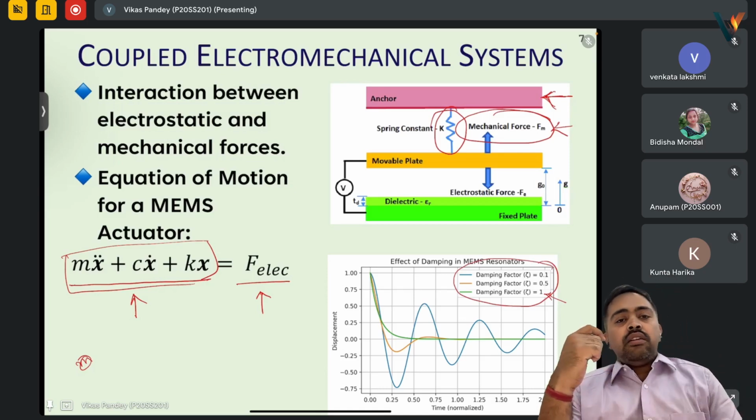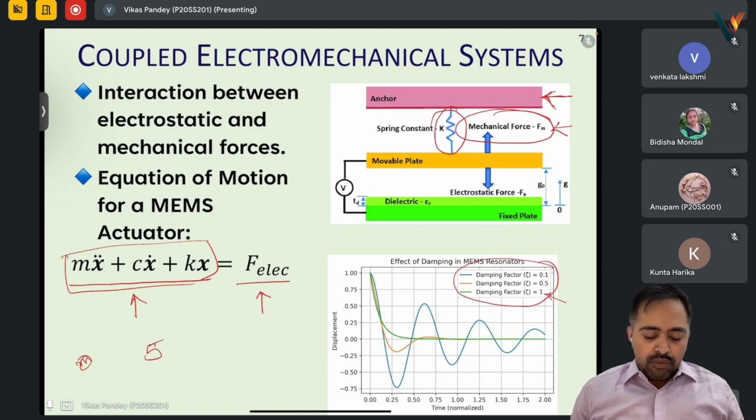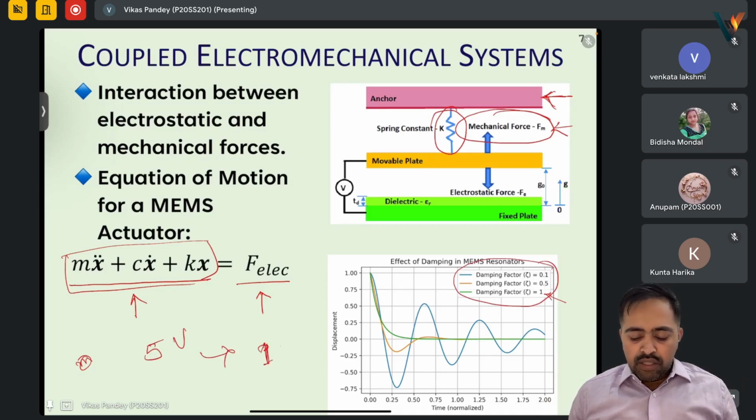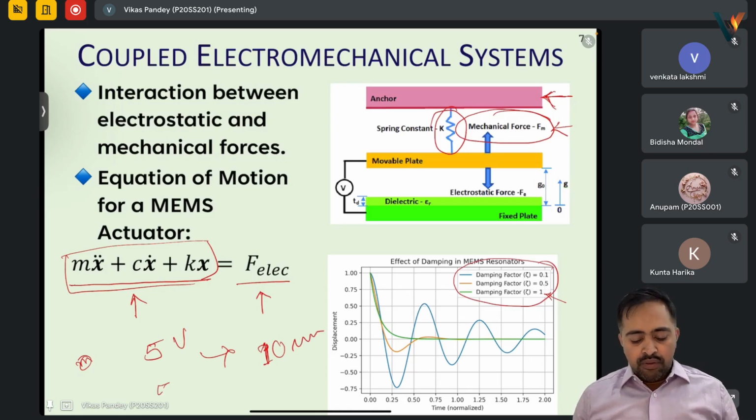It should not be that in the first run, if you put 5 volt, it changes 10 micrometer, and the second time with 5 volt it changes 20 micrometer, or say only 5 micrometer.